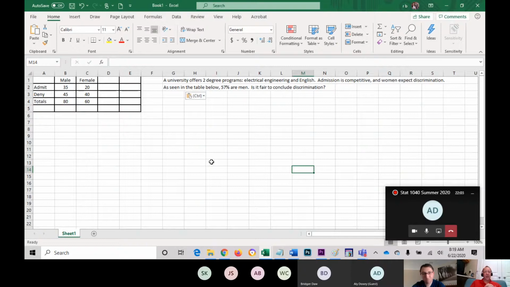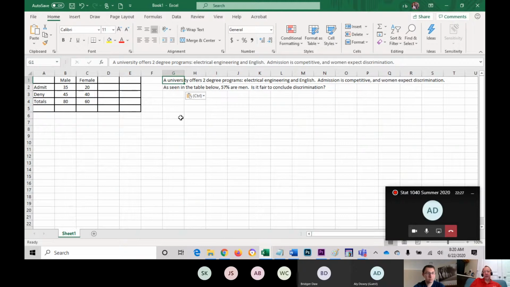All right, here's an example I want to go over. A university offers 2 degree programs, electrical engineering and English. Admission is competitive and women expect discrimination. As seen in the table below, 57% of the applicants are men.